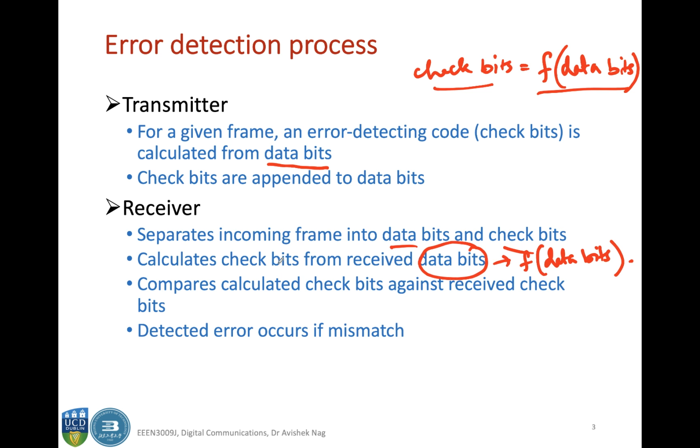Then it compares the calculated check bits against the received check bits. There are the actual received check bits and the calculated check bits from the received data bits, and these two are compared. If they mismatch, then an error is detected.